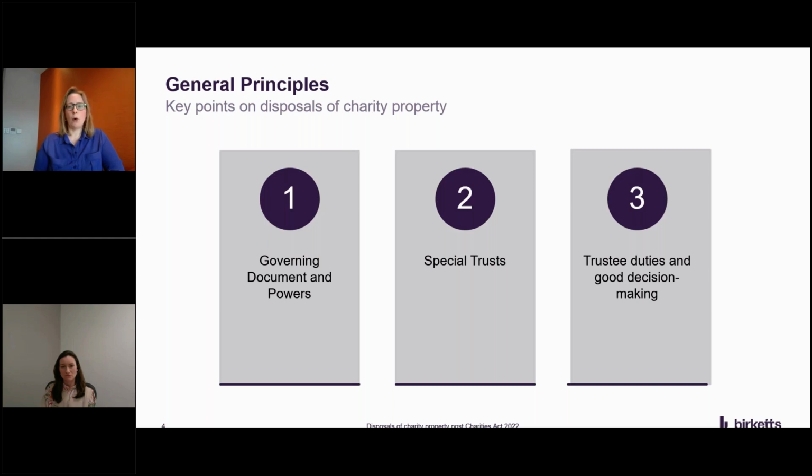And again, because of the very nature of that property, it will necessarily be restricted in being disposed of. And in that case, we may be looking at needing charity commission orders. The other type of land, which we're looking at there with special trusts, is designated land. And that is land which is held by the charity for particular purposes of the charity.